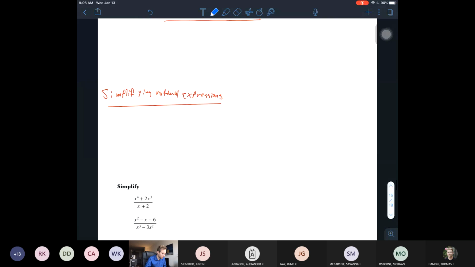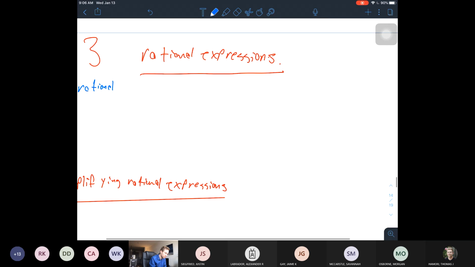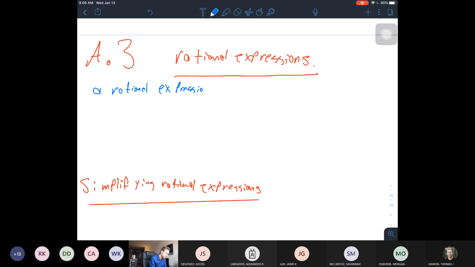Okay, we're going to start talking about rational expressions. A rational expression is a fraction where the numerator and denominator, remember that's the top and bottom of our fraction, are polynomials.